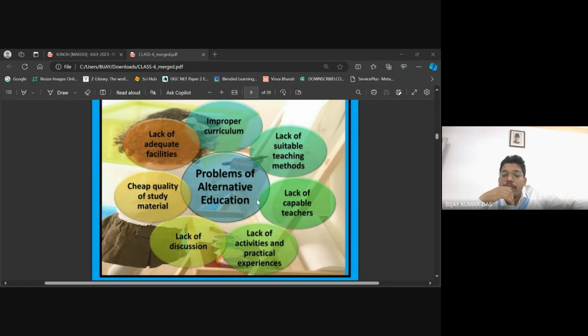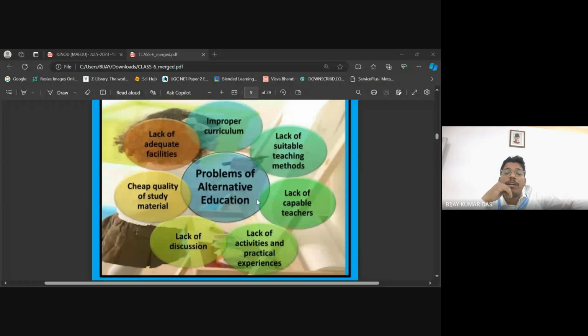Next is poor quality of study material. The study material is not very good, or not of a very quality standard, in some courses. What I'm talking about, IGNOU is very excellent in study materials and provides very high quality study learning materials all over the country.